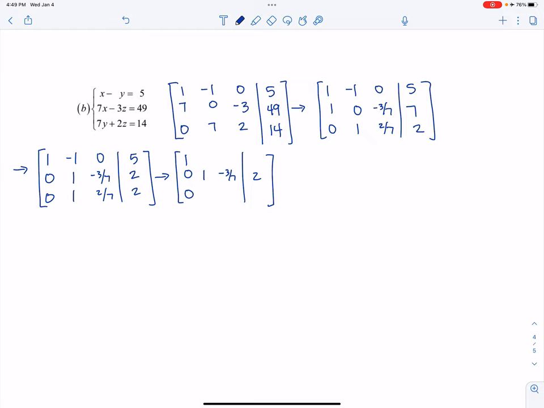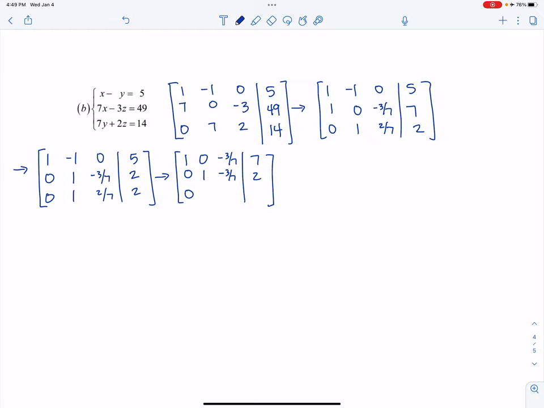Okay, hold on, slow down. The top row is already a -1 in the middle, so all we have to do is add it to the top row. -1 plus 1, 0. 0 minus 3/7 is -3/7. 5 and 2 is 7. So we eliminated that middle value.